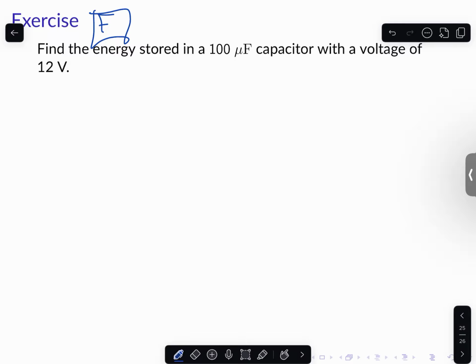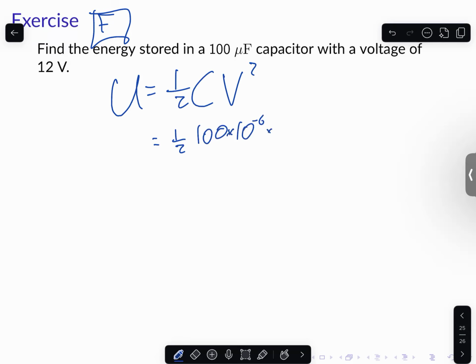Okay, so the formula which relates the quantities requested and involved here is the energy equals 1/2 capacitance voltage squared. The capacitance of the capacitor is 100 micro. The voltage is 12 volts. 12 squared is 144.